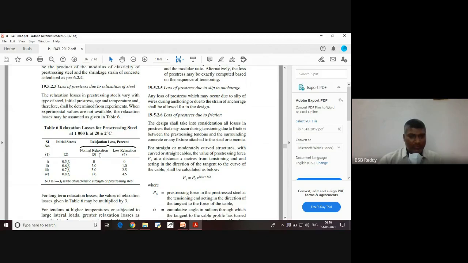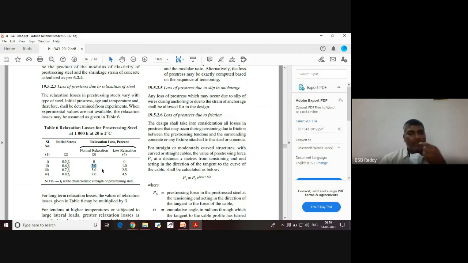You have to take straight away the value in terms of percentage. Okay, so you have some initial pre-stress available in the steel. Whatever percentage is given here for a particular initial stress value, straight away you take that much percentage as a loss of stress.